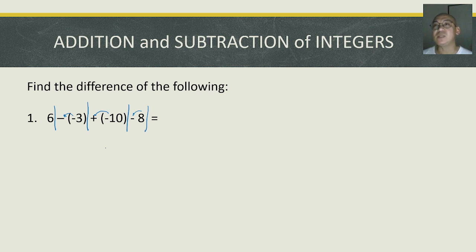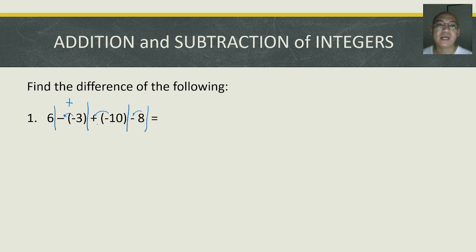So if you see two signs, we can say that there are also signs, the operations, plus, minus. If they have two signs on the left side of the given number, if you see same signs, that will become positive.